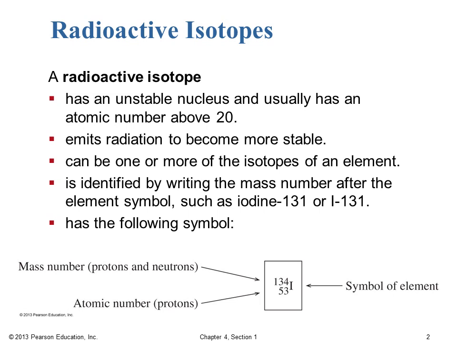And if we were to write this in the other notation that we went over in the last chapter, remember that we put the mass number, the protons plus neutrons, up on top, and then the atomic number, just the number of protons, on the bottom, and then we use the atomic symbol.